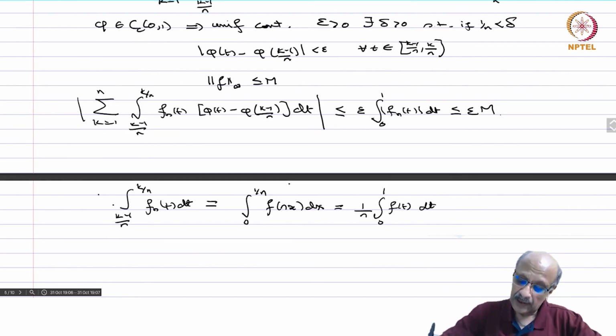So this is 1/n times the integral from 0 to 1 of f(t), and this is nothing but M/n, where M is the value of the integral of f. So this is what you get for every k.